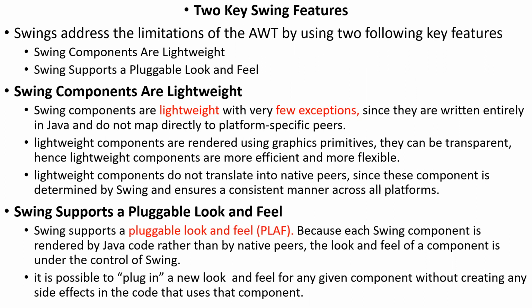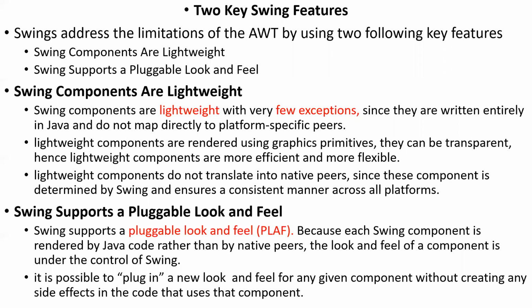Rendered means covered, so these components are covered with graphic primitives. Hence it is more efficient and flexible. Those are built-in graphics components, so it is flexible to use them without any problem. Next, lightweight components need no transfer to native machine because they are platform independent.